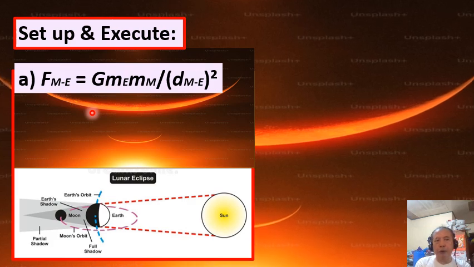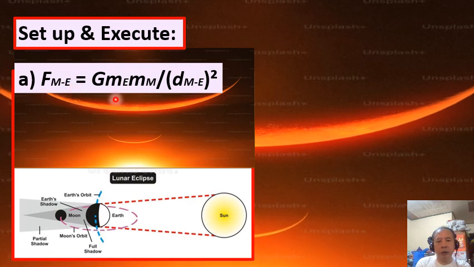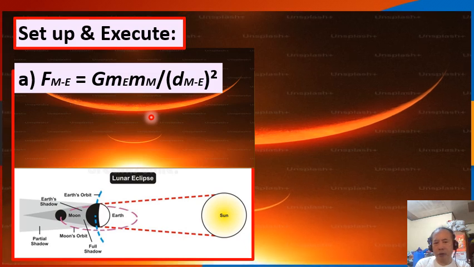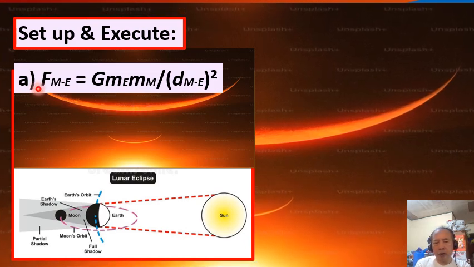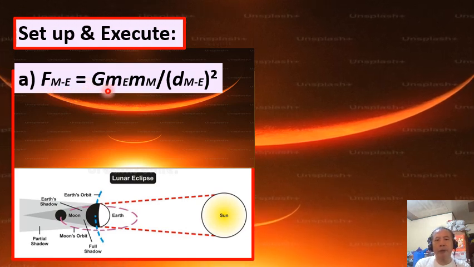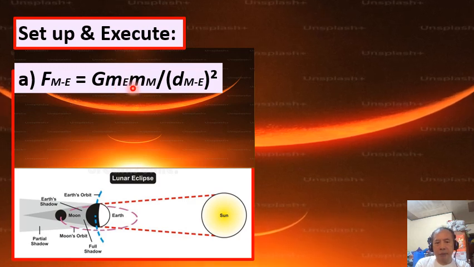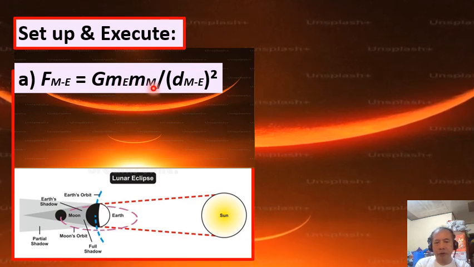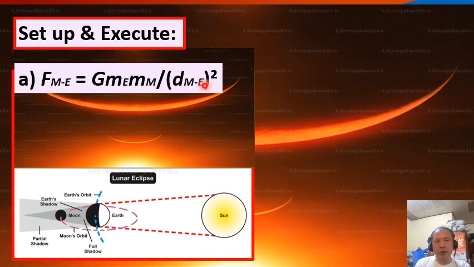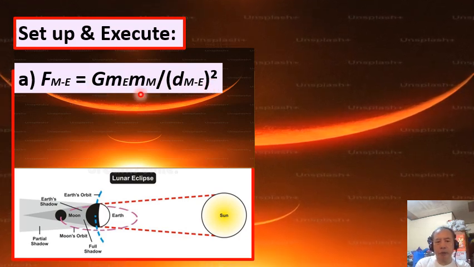To compute the force of attraction of the moon on the earth, we apply Newton's law of universal gravitation, whose mathematical equation is given here. That is, the force of attraction is equal to the product of the constant capital G, the mass of the earth, the mass of the moon, divided by the square of the distance of separation between the earth and the moon.